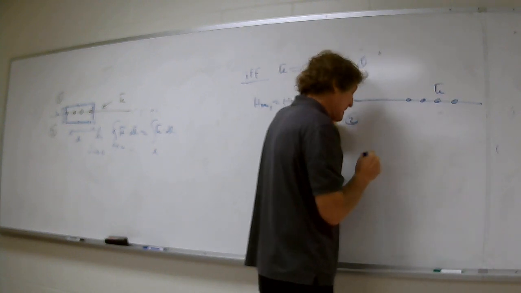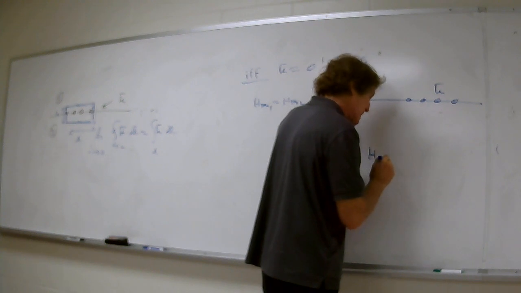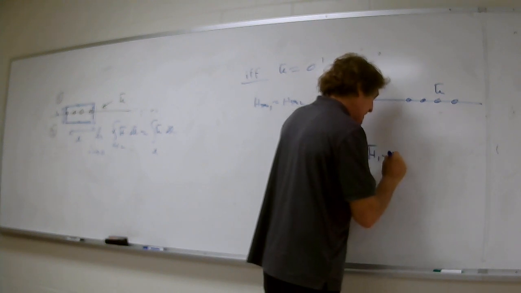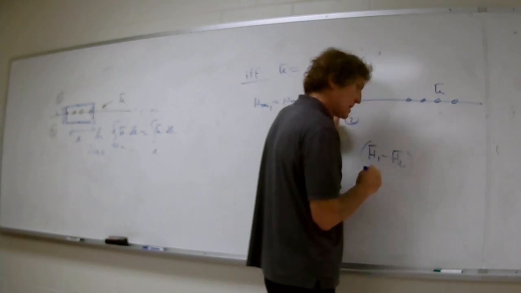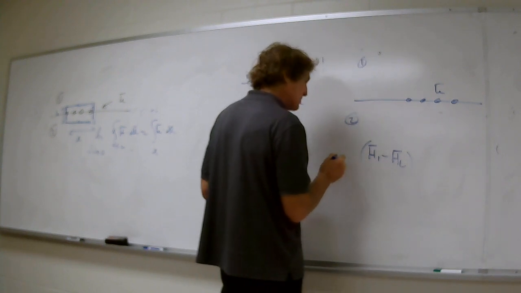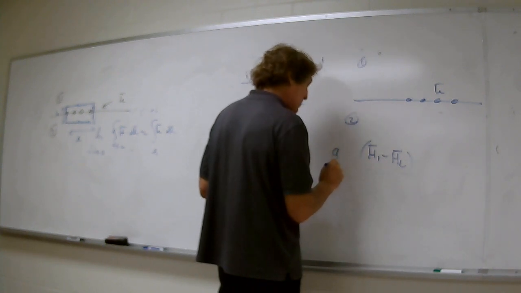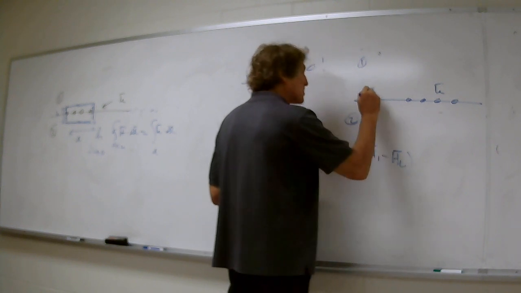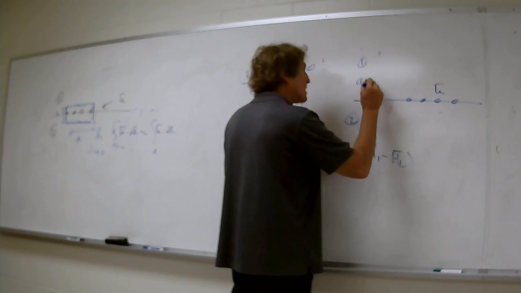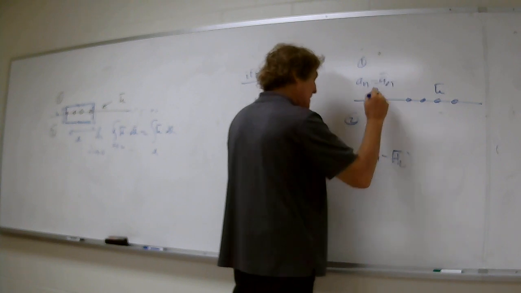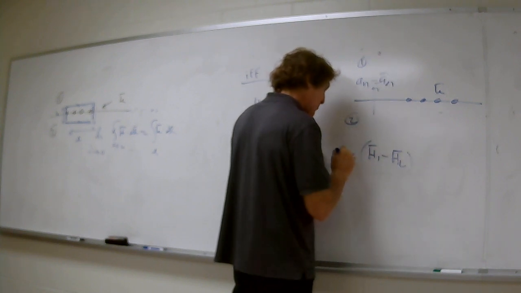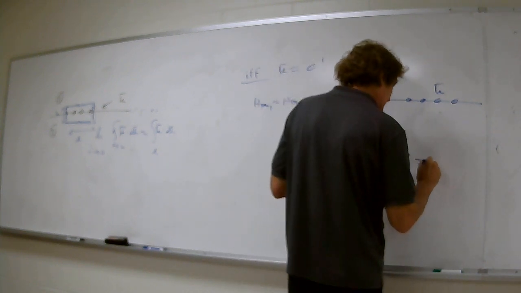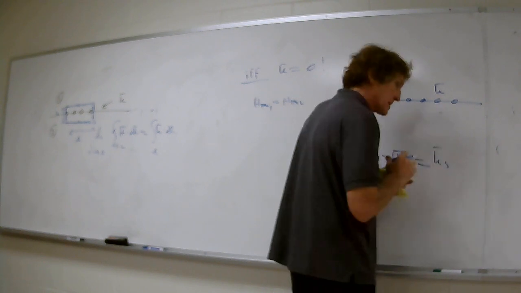Then you can say that H1 minus H2, I think he does it with A crossed, he uses the normal component, A normal, which is A21 here. A21 cross that will be equal to the surface current density.